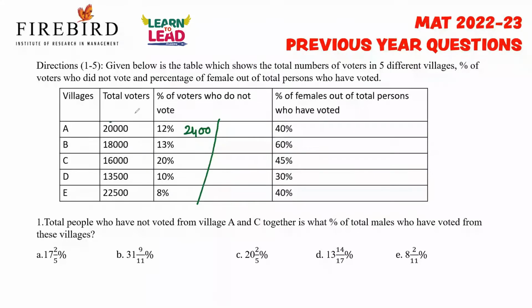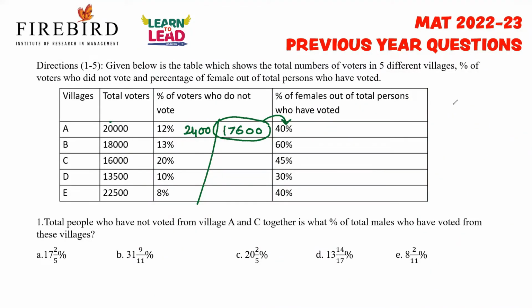And what about the remaining? Can you tell me what is 20,000 minus 2,400? If I do 20,000 minus 2,000, it is 18,000. 18,000 minus 400, 17,600 voters who have voted in that particular village. In these 17,600 voters, 40% were females and the remaining 60% are males.